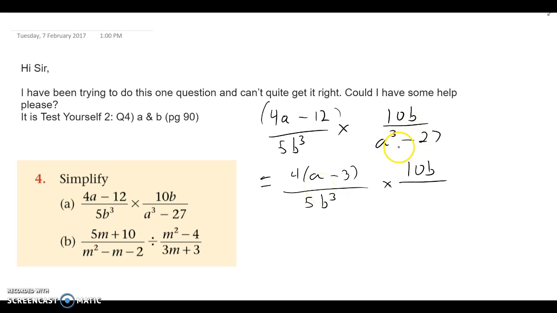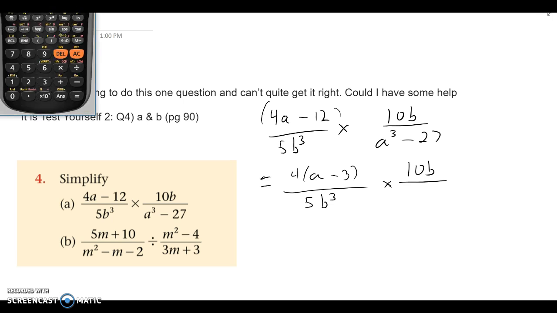I probably need to show everyone in the class that this is a special cube, one that can be factored a special way. I'm just checking if I can do the cube root of 27.